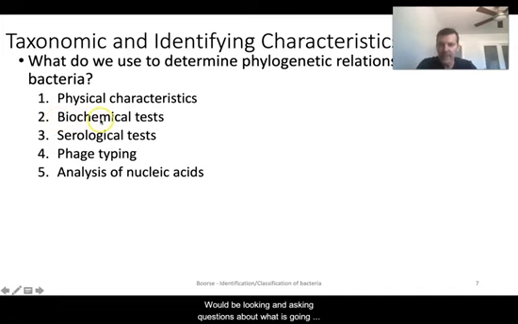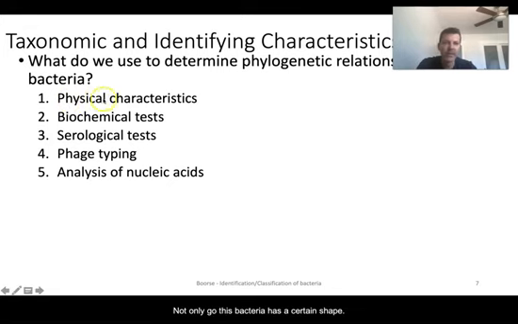Biochemical would be looking and asking questions about what is going on with their chemistry within the organism. Not all bacteria have the exact same biochemical reactions, and so we can test for the presence or absence of those. And that gives us a profile. And so now you can say not only, oh, this bacteria has a certain shape, and we'll talk about those shapes in just a second, but it has a certain biochemical profile as well.